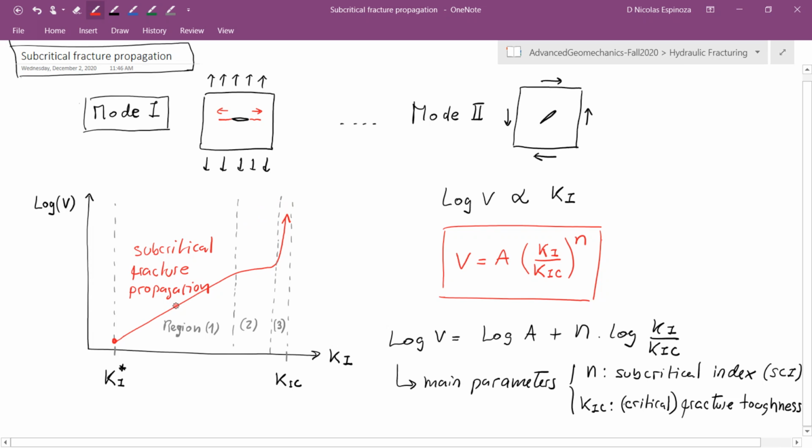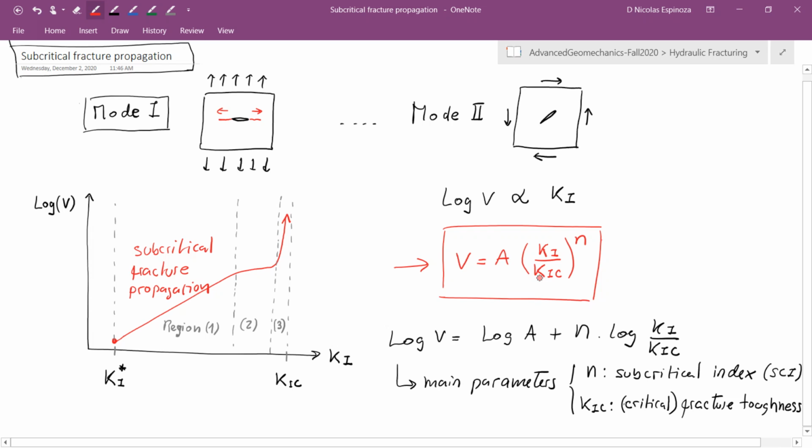And we can capture this region 1 of this response through this equation over here, in which the velocity is equal to a proportionality factor A times the dimensionless stress intensity factor Ki divided by KIC, to the power n, where n is what is known as the subcritical index.